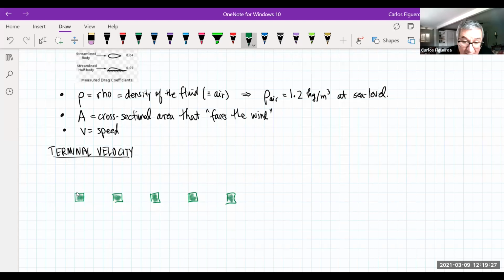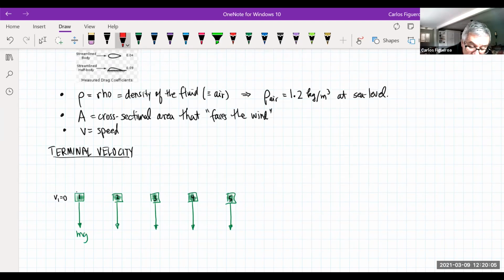As I drop them, we agree that as this thing falls, its weight should not change. So this is mg. These should not change at all. I'm going to label this as 1, 2, 3, 4, 5, and assume that V initial is 0.